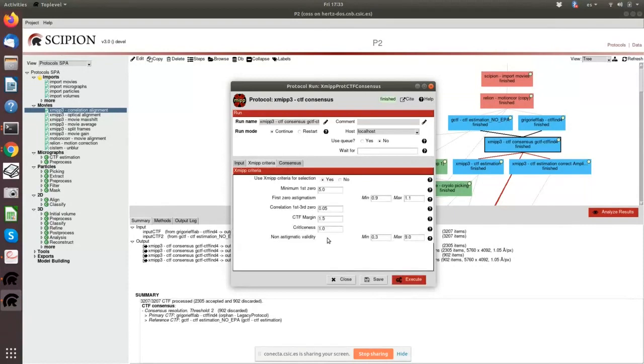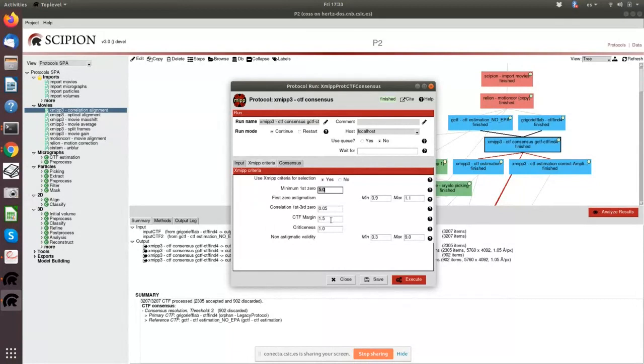And then you have many different possibilities. So where is the minimum, the first zero? What is the astigmatism at the first zero? So you can limit astigmatism there too. You can also, for instance, look at the correlation between the first and the third zero. Sometimes you see that the Thon rings fade too quickly, and then this is not good.